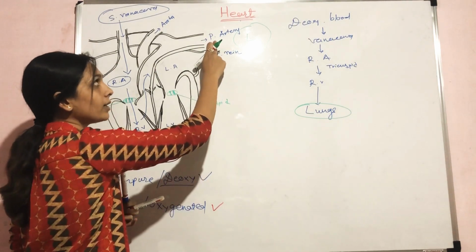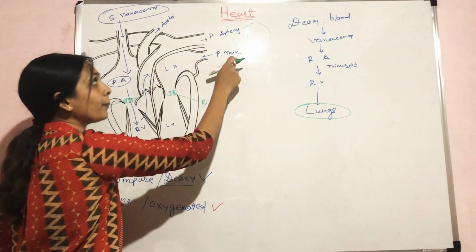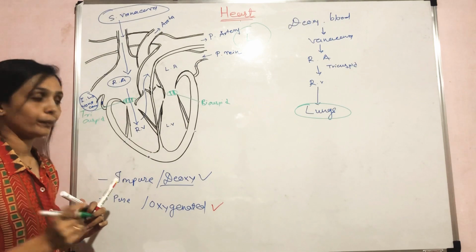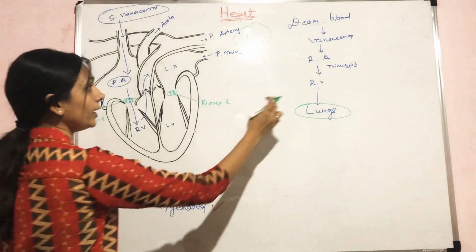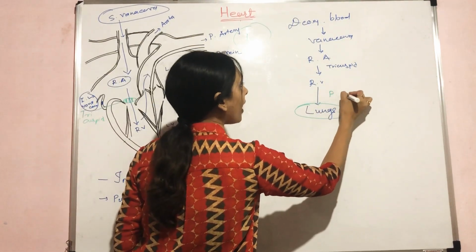Pulmonary artery is carrying what? Deoxygenated blood. The blue one here is deoxygenated, and the pulmonary vein will come with red, which means oxygenated blood. So right ventricle to lungs through the pulmonary artery.